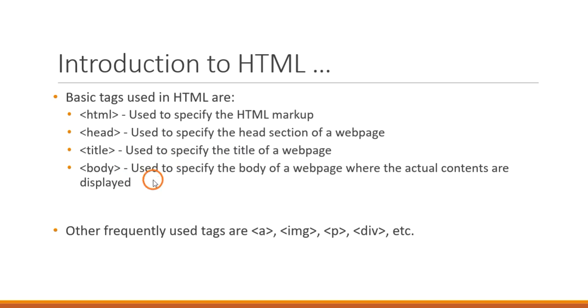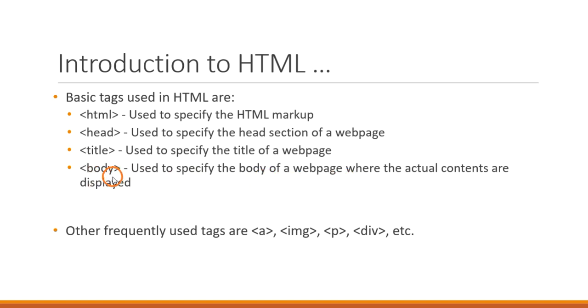The second section, called body, is the major section, and whatever we want to actually display on the web page, we write inside the body section. So it is used to specify the body of a web page.